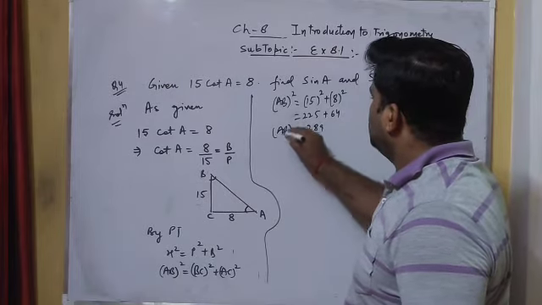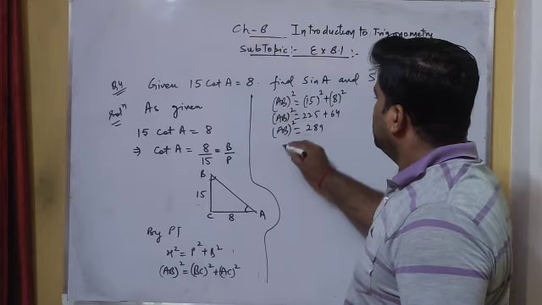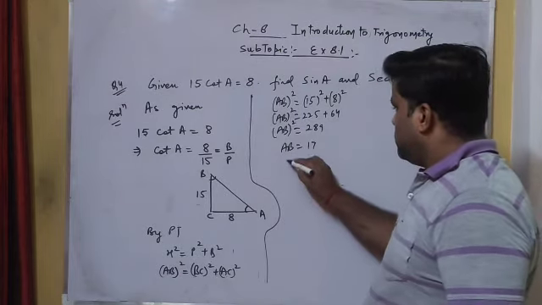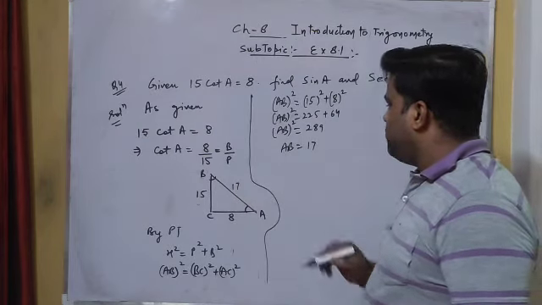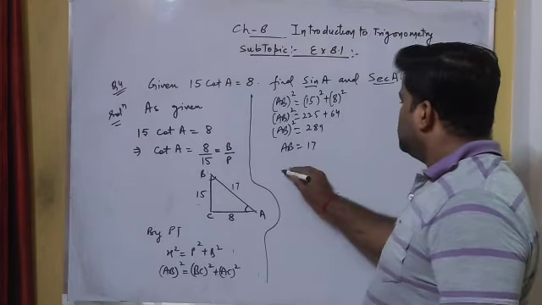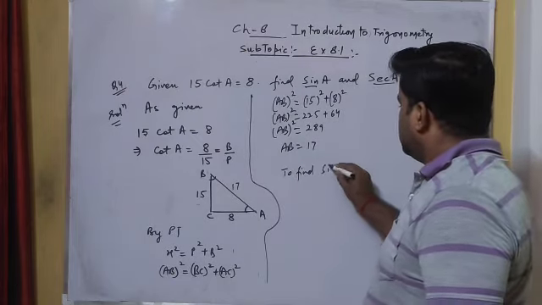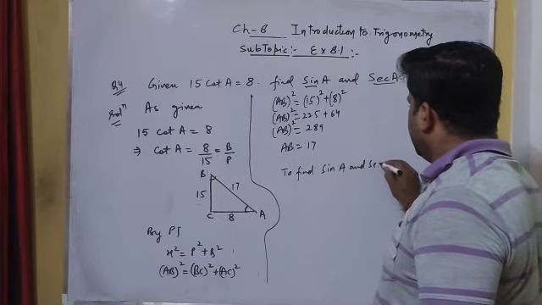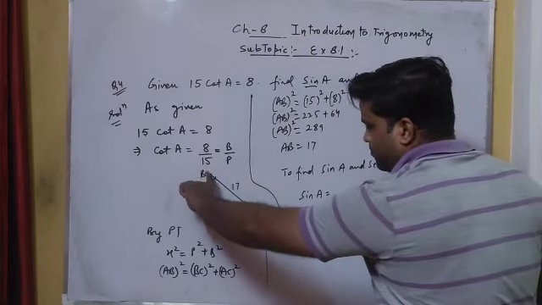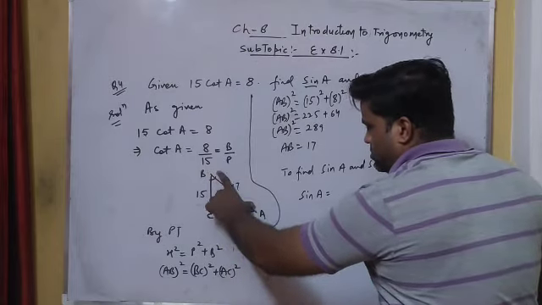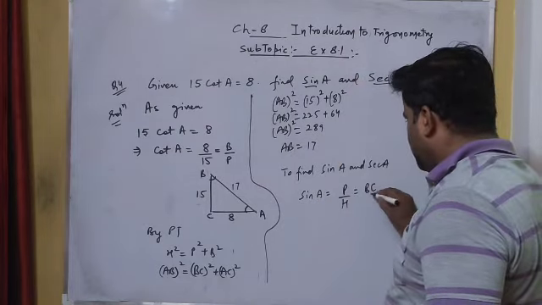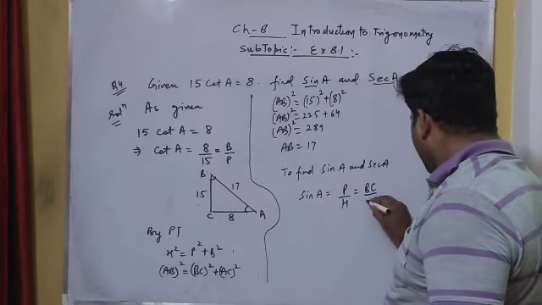So here AB whole square is 289, and on taking square root we get 17. As we have got the value of hypotenuse, which is 17, we have to find sin A and sec A. The sin A is the ratio of perpendicular upon hypotenuse, so this is P upon H, which is equal to BC upon AB.